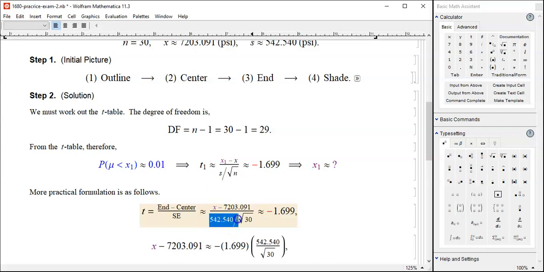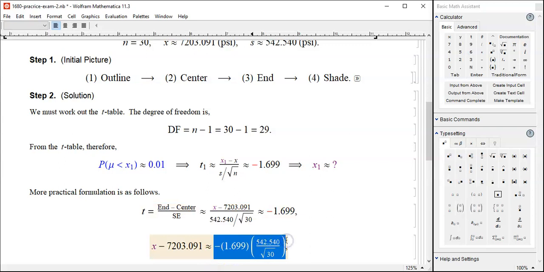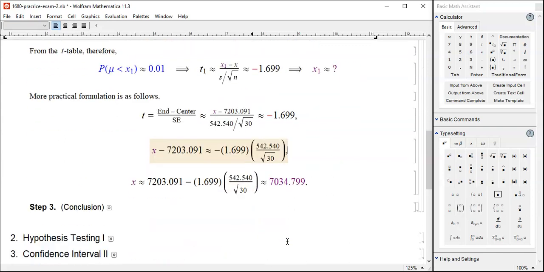Flip this denominator to the other side, multiply by that, then what do you get? Negative 1.699 times that denominator, 540 standard deviation over square root of 30. This whole thing is called standard error, by the way. And flip over this one to the other side, so we have plus, and then that.